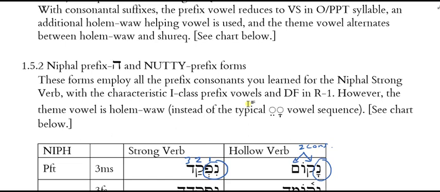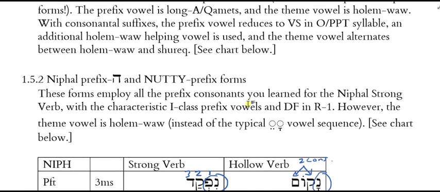Real quickly, look at the 152 here, the nifal prefix hey forms and the nutty prefix forms. Remember, in our strong verb in the nifal, if we're not using the nifal noon prefix, then the other prefixes are the hey prefix, which we find in the imperatives and the infinitive forms, or the nutty prefixes, the noon, tav, yod, aleph forms.